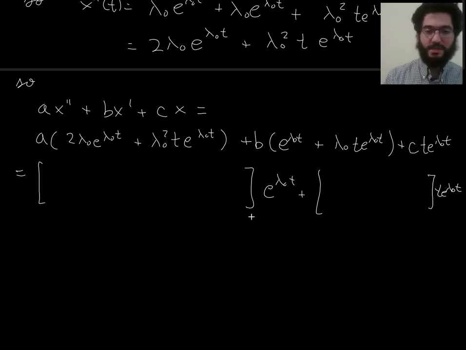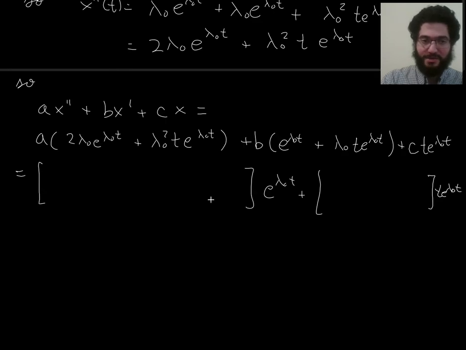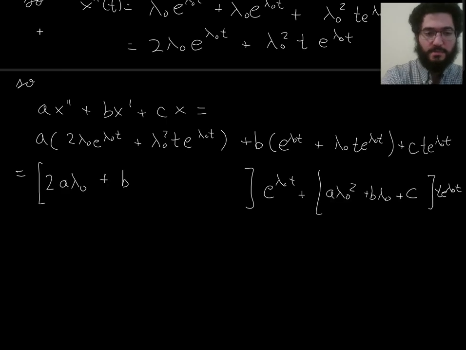The reason I'm doing it this way is that I know e to the lambda naught t and t e to the lambda naught t are linearly independent, which I have not yet convinced you of, but it was the whole point, actually. We need another linearly independent solution. If these were not linearly independent, I would have failed already. But we'll discuss that in a moment. Right now, let's just see that it is a solution. So let's see. Let me do this off screen. Okay, there we go. I filled it in.